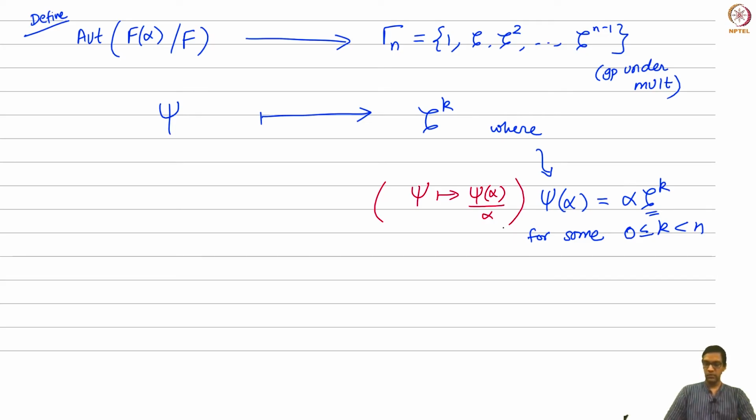Okay, good. Now we just have to check a few things. The claim is that this map is an injective group homomorphism.